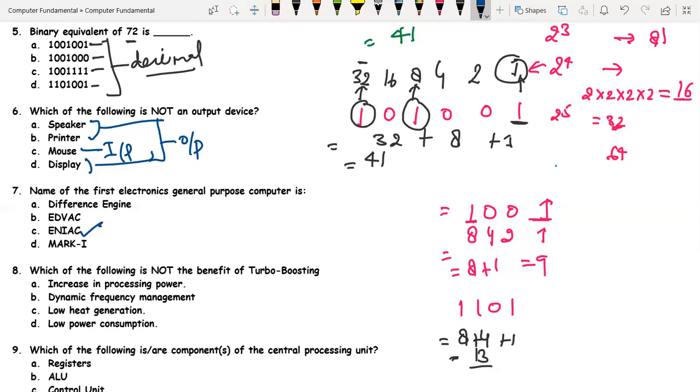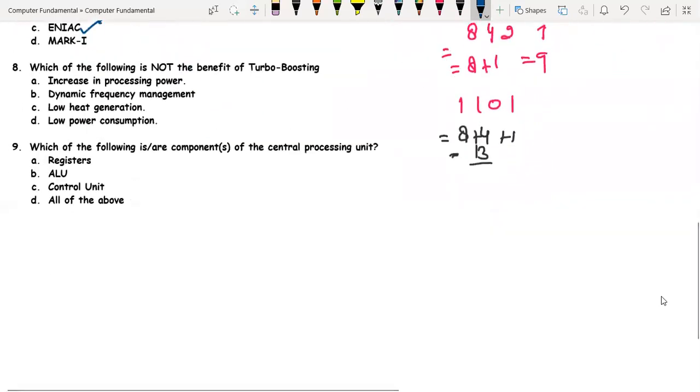Which of the following is not the benefit of turbo boosting? Increase in processing power. But in the context of turbo boosting, the power consumption is reduced, so this statement is true.